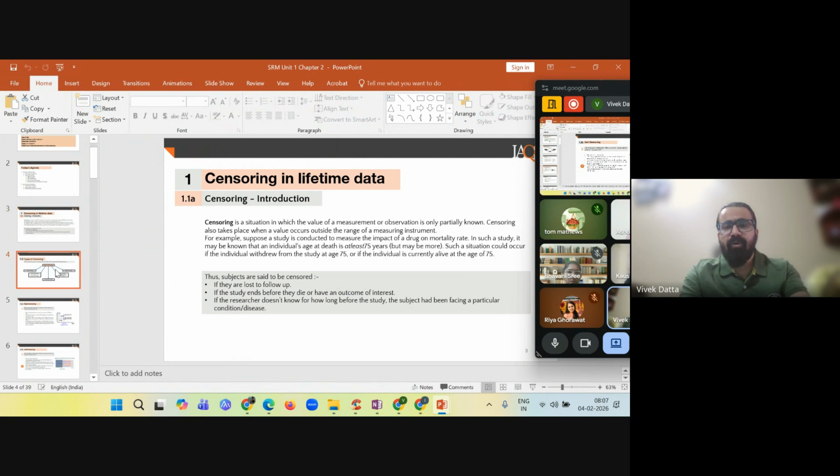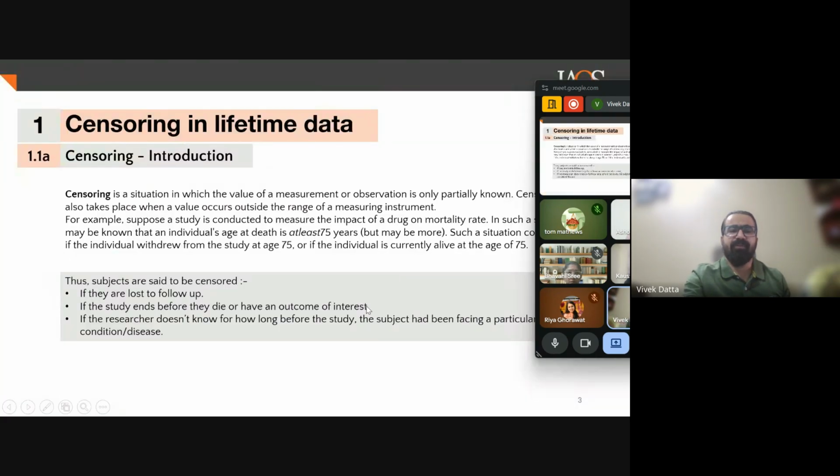So now there are 8 types of censoring. Okay, book says 7. I'm telling you 8. I've written left on the left side. Let's start guessing. What do you think the others may be?